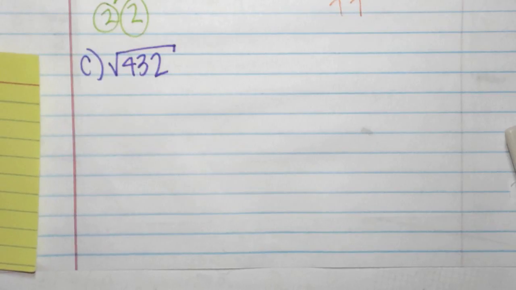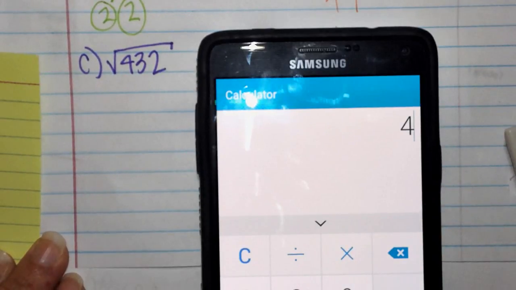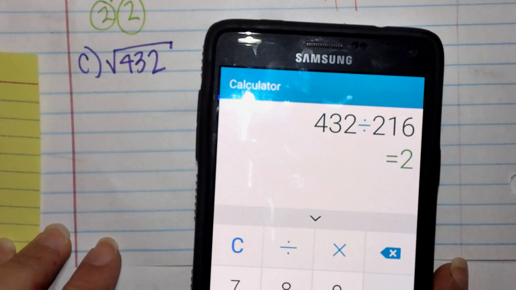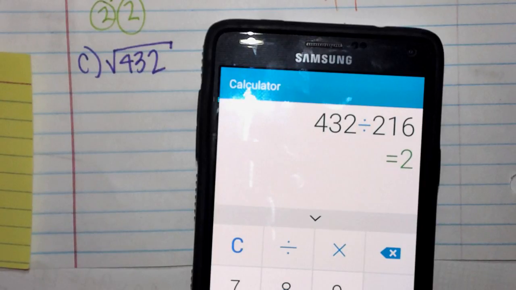The closest one to that would be 400. Okay, but will 400 divide into 432 evenly? Okay, so we need to pick another one. Oh, 216. Alright, so let's do 432 divided by 216. But that's not a perfect square. 216 is not a perfect square.